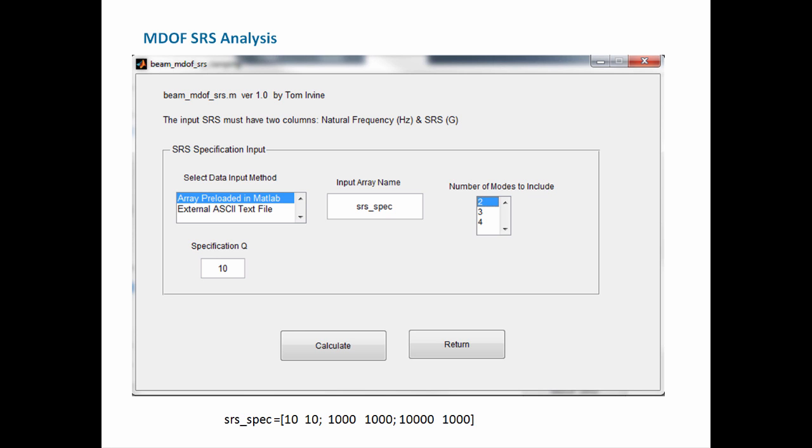We also can go back and revisit our multi-degree of freedom SRS calculation method that we covered in a previous unit. So let's go ahead and find out where this is. And we've already called in our specs.